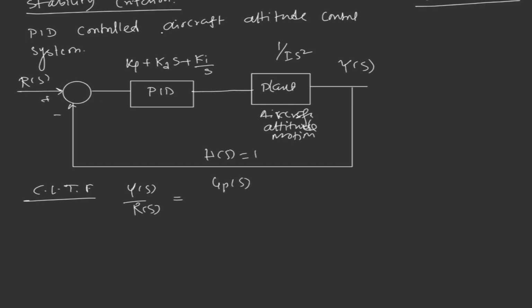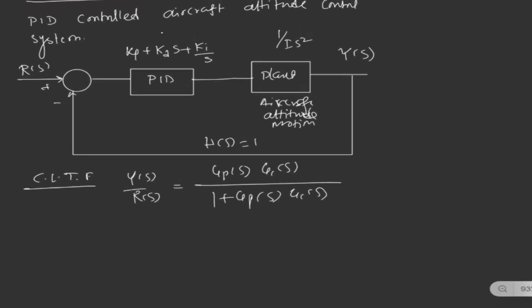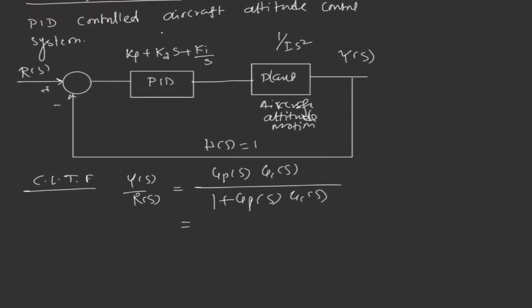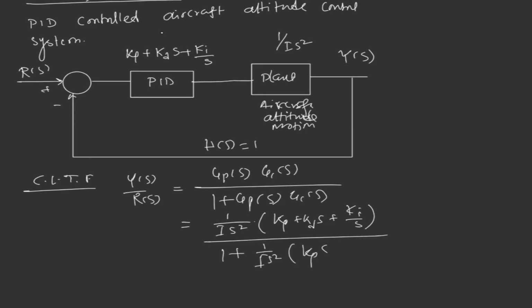So Gp of S, Gc of S, over 1 plus Gp of S, Gc of S. Now, if you substitute the transfer functions for the different systems, we have for the plant 1 upon I s square into Kp plus Kds plus Ki by s, and 1 plus 1 upon I s square, Kp plus Kds plus Ki upon S.